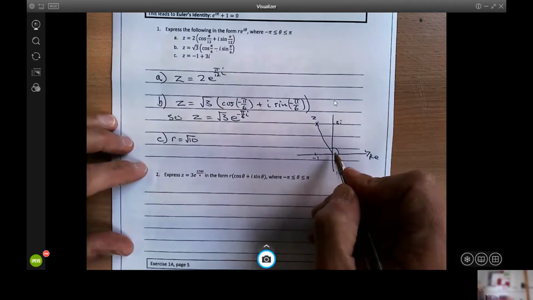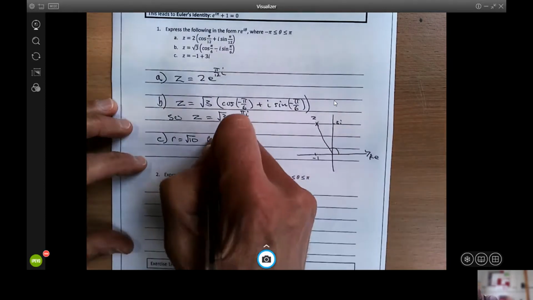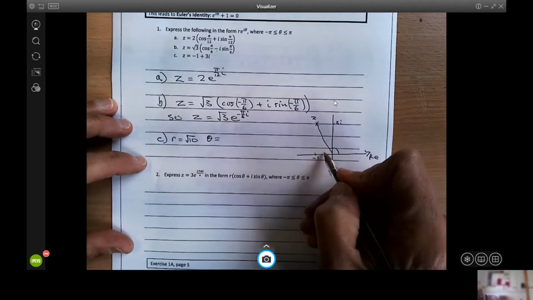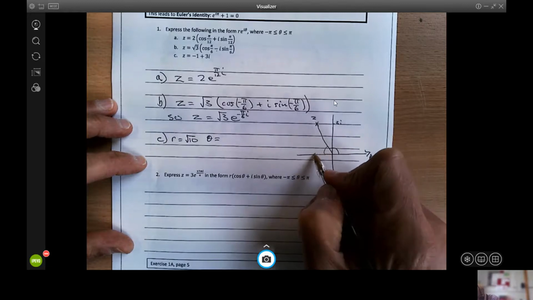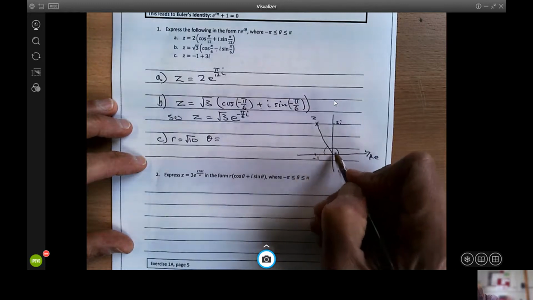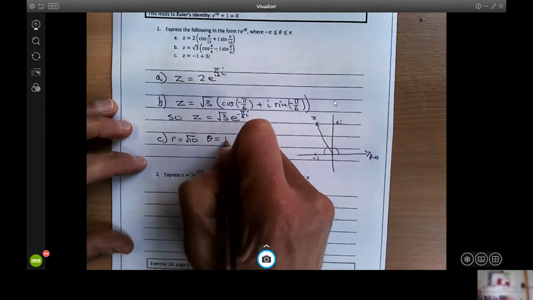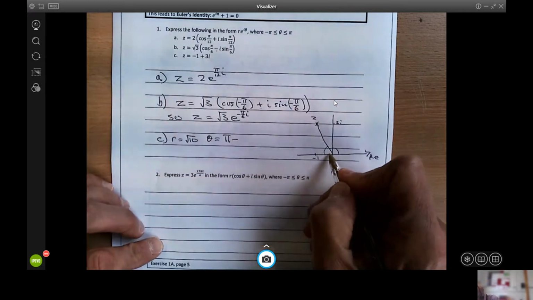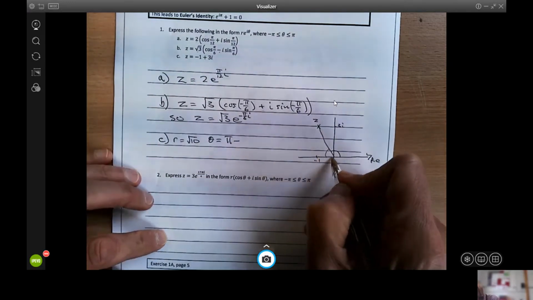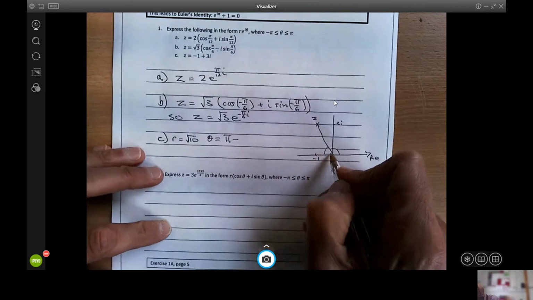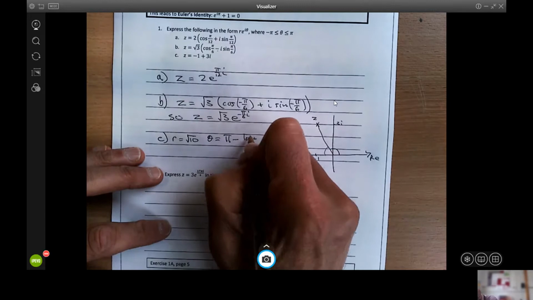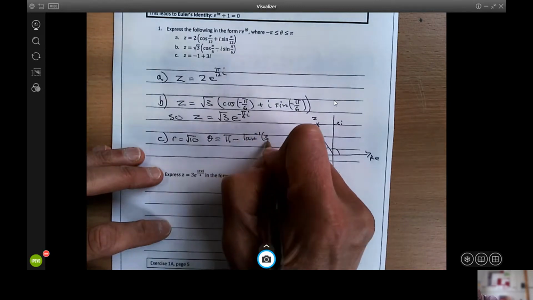And the argument theta is going to be equal to, well, I like to work out this angle, and then we're going to say it's pi minus that angle. So it's pi minus, here we've got opposite and adjacent, so it's tan to the minus 1 of 3 over 1, so tan to the minus 1 of 3.